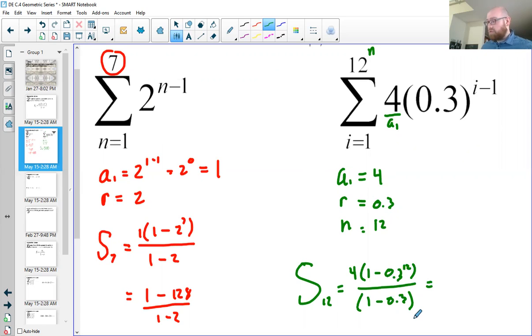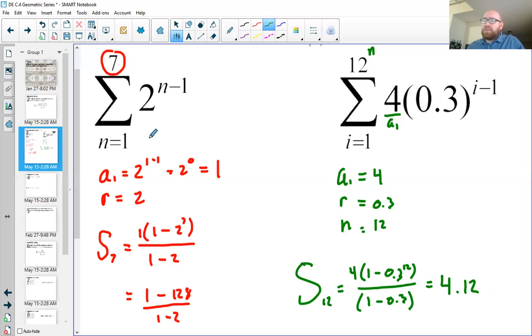And that gives me, to 2 decimal places, 4.12. 2 decimal places is sufficient. If you are going to put this into your calculator step by step, first with the numerator, then with the denominator, keep a few more decimal places so that you're able to minimize the rounding error that's involved.